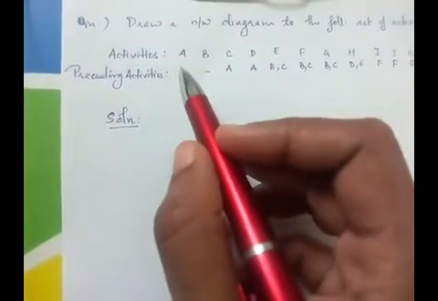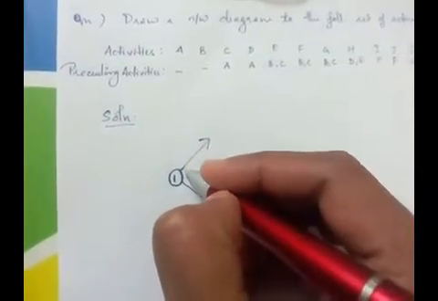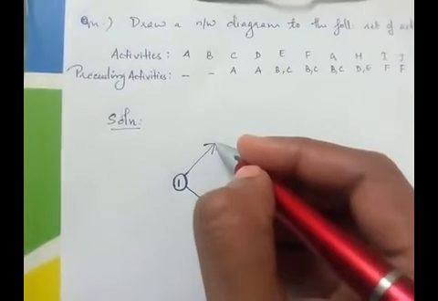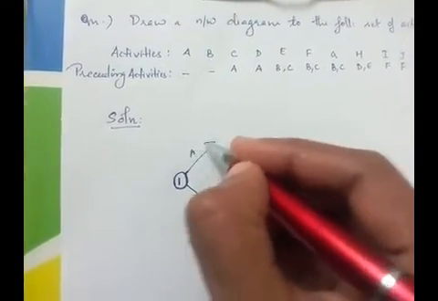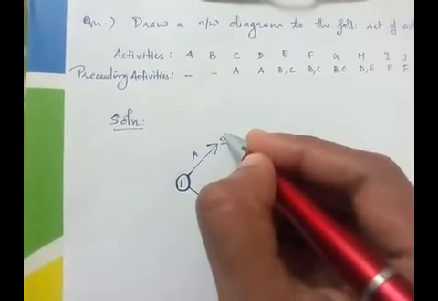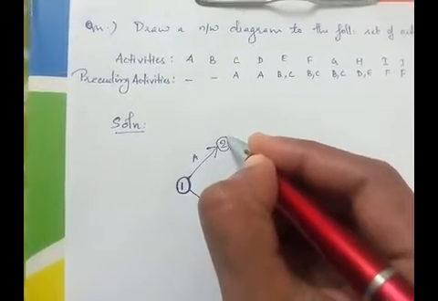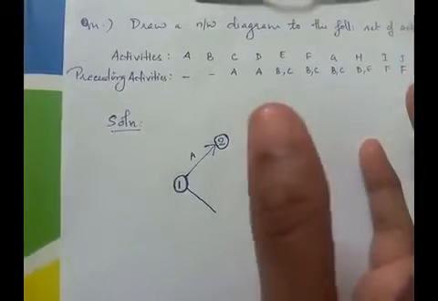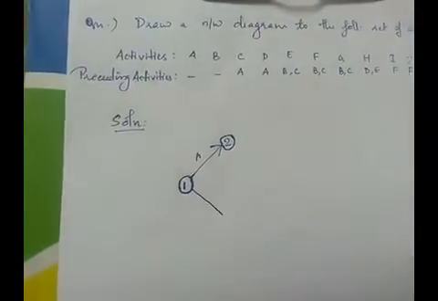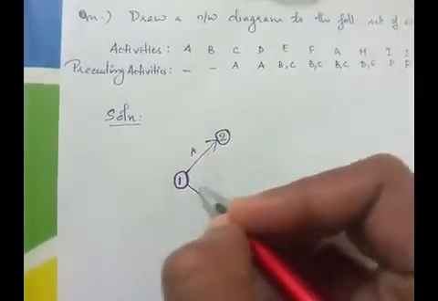Since A is given first, we are going to draw the first activity for A. So the starting event for A is 1 and the ending event for A should be numbered as 2. We number the events for A as 1 and 2.